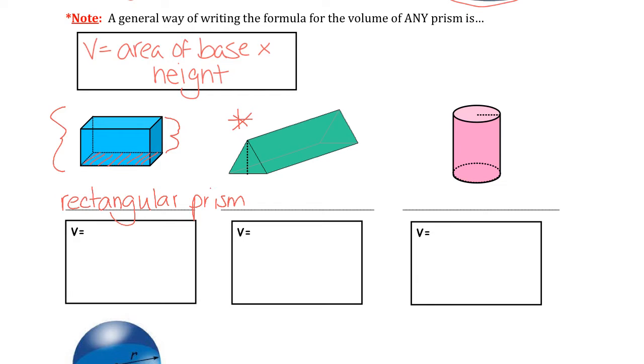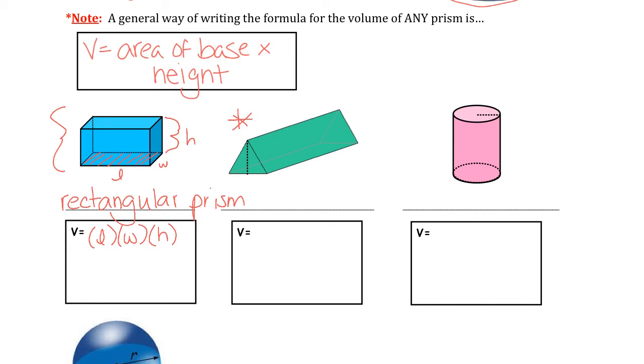We would multiply it by the height. The area of that base is length times width. To find the volume, we then multiply it by height. So our volume is equal to length times width times height.